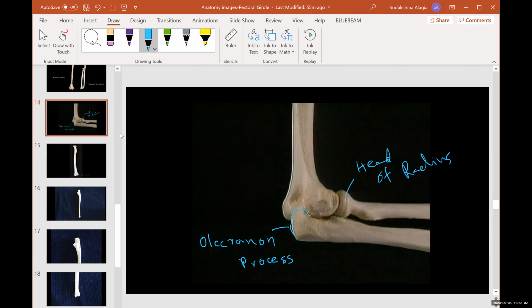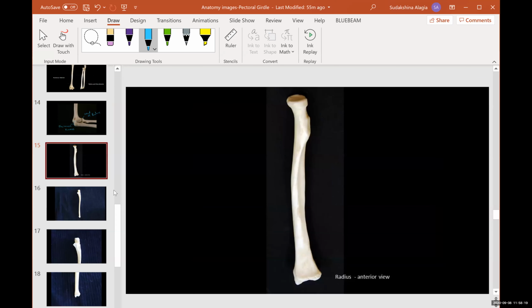Okay, styloid. We have seen this before. Which bone? Temporal bone. Remember mastoid process, styloid process. Pointy. Styloid is pointy. Where is the pointy part of the radius here?